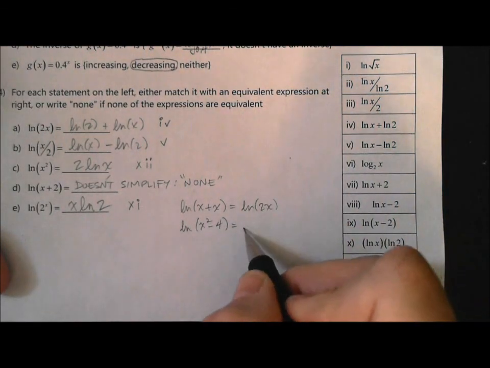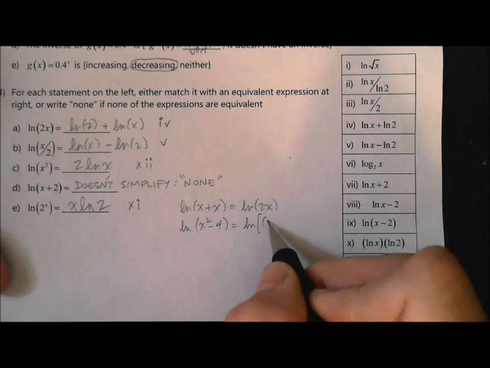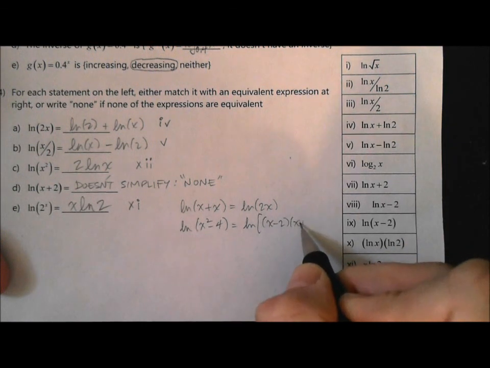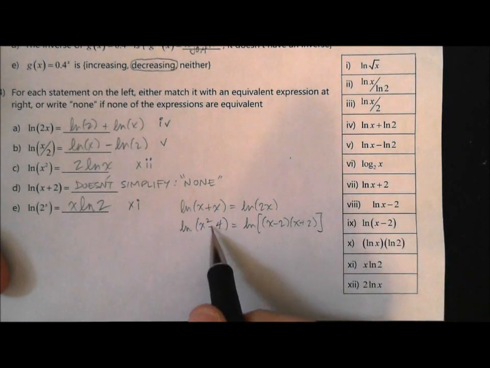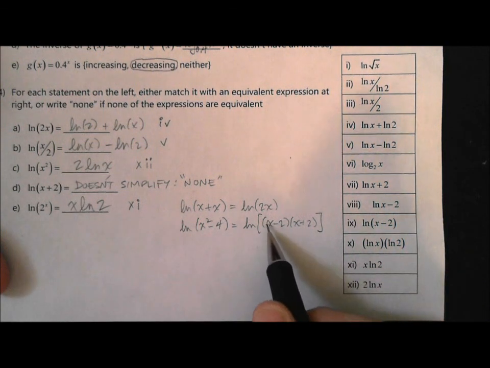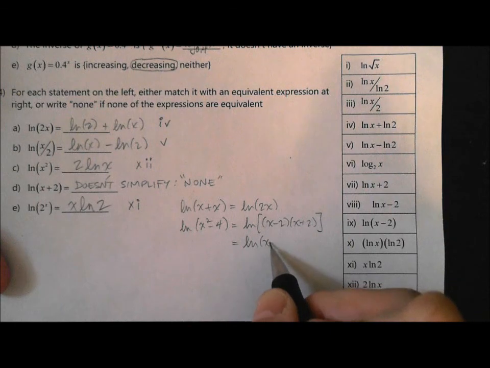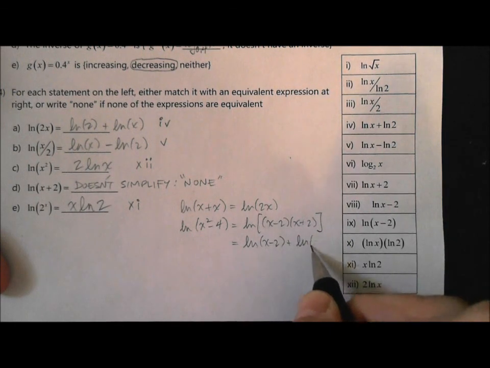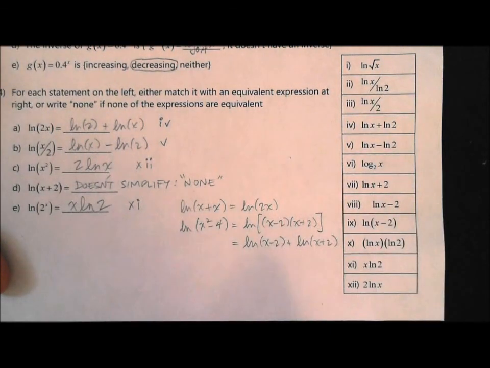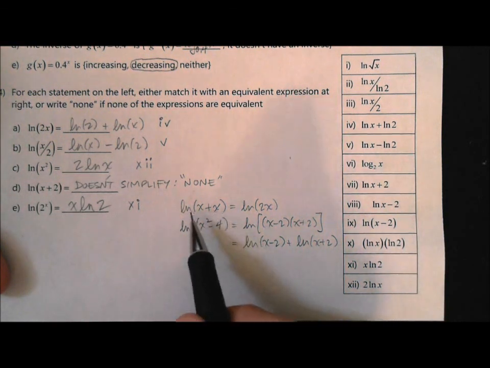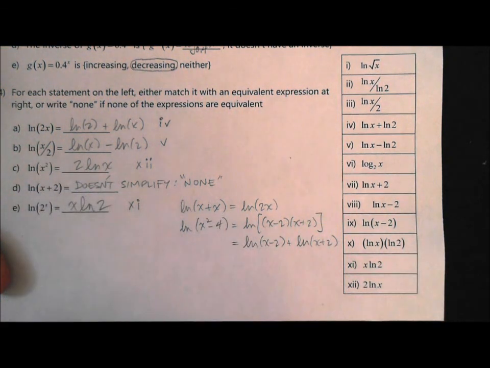It's a difference, but the same idea holds. And we can write this as x minus 2 times x plus 2. Now what was a sum or difference becomes a product, and we can expand. I don't know if that counts as simplifying, but certainly we can expand it. But in general, you can't do anything with these sums like this one here. And that would be key.